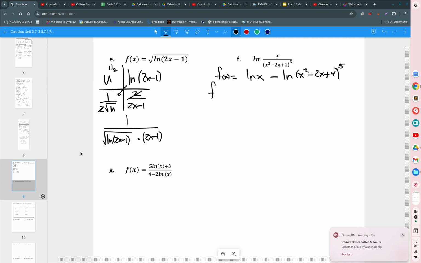What could you do next? Drop the 5. So natural log of x minus 5 natural log of x squared minus 2x plus 4. Good. I hope everybody sees that the derivative of natural log of x is just 1 over x. But for the next one, I'm going to have to use the chain rule. So I have 5 natural log of u, and I have x squared minus 2x plus 4.